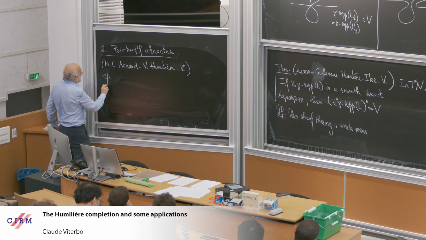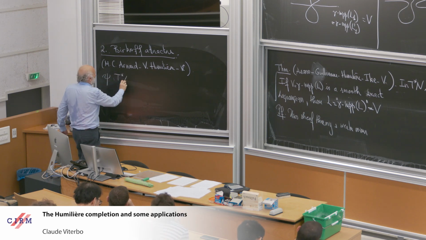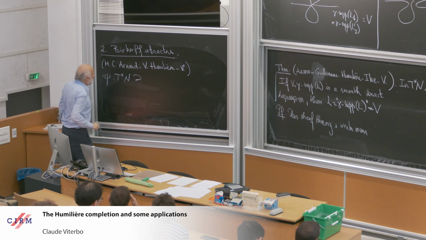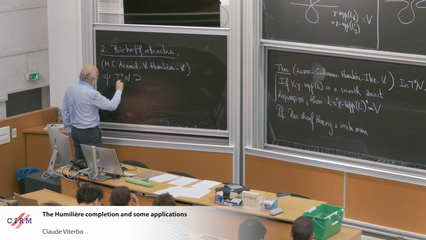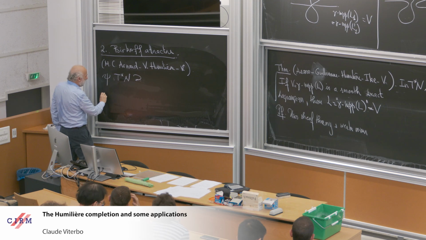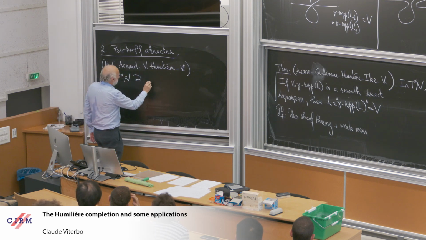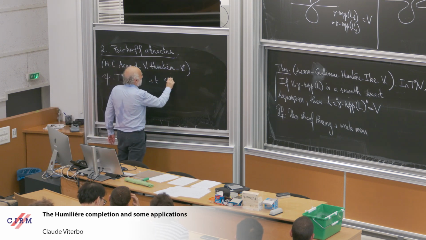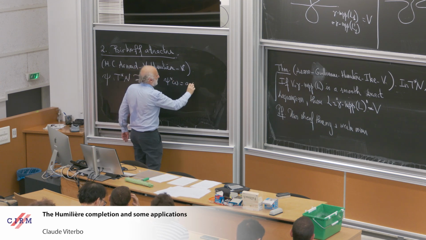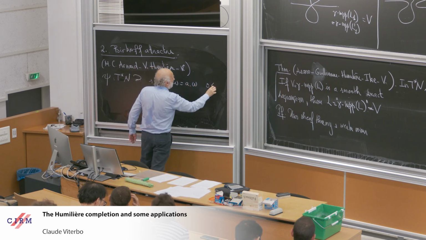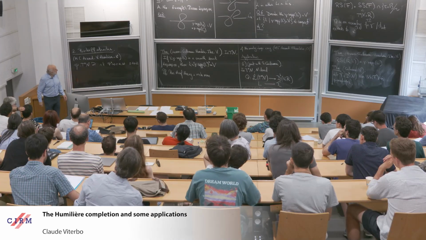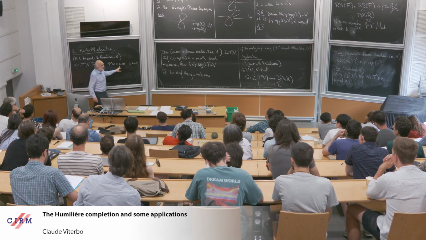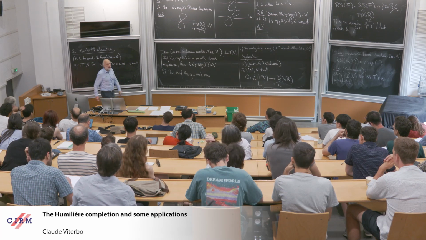So take a map psi, let's say from T star N to itself, but you could do that in a Liouville manifold, such that psi star omega is A times omega. So these are usually called dissipative maps, okay? And A is a constant, which is a constraint in dimension 2, but is not a constraint in high dimension.